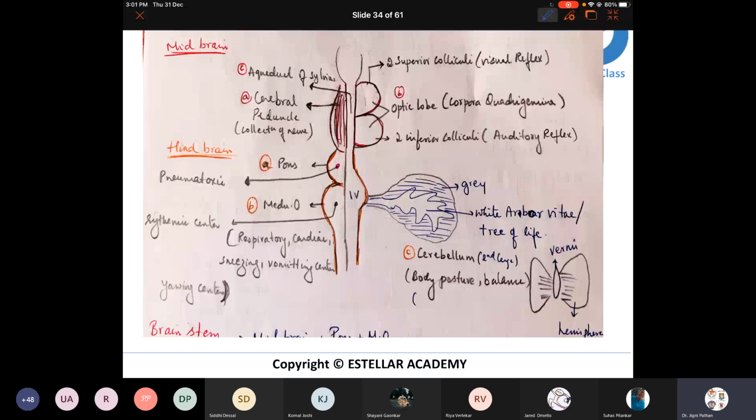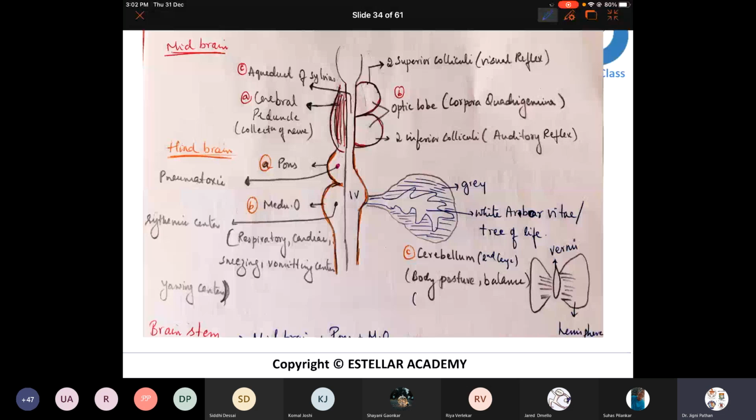These are the two superior colliculi, and there are two inferior colliculi, which are related to the auditory reflex. These work together, superior and inferior, and play the role.